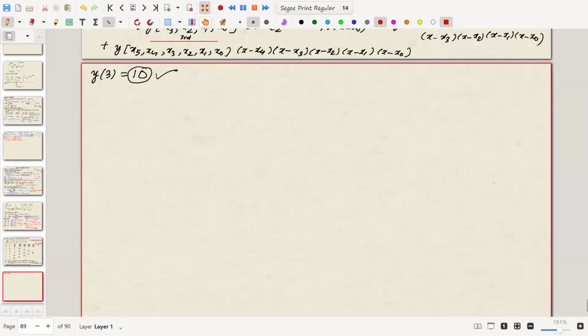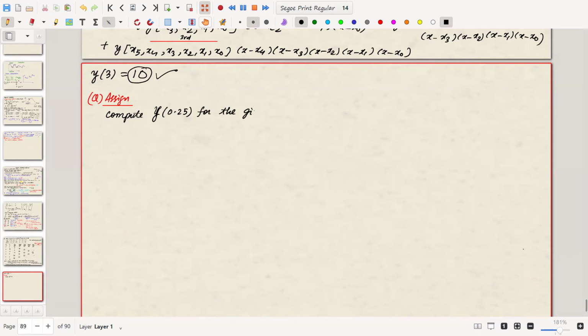Note down this. This is for the assignment. Compute y at x equals to 0.25 for the given data.